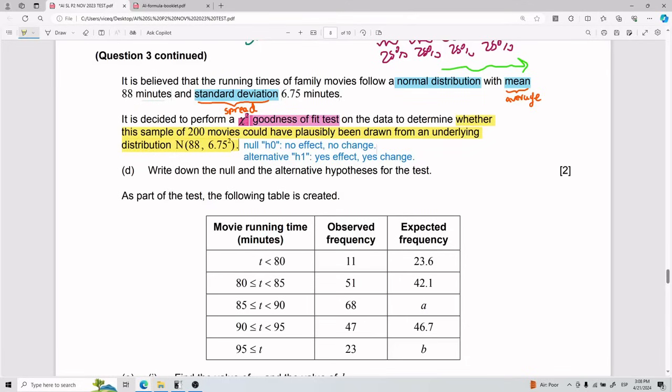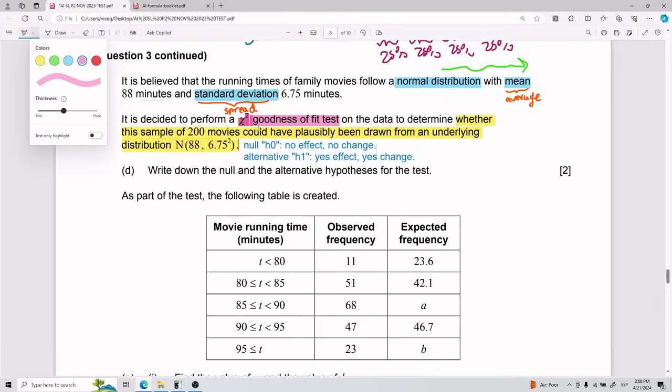And so from here, what I suggest is that you can say that H0, so no effect, no change, means that they were drawn from this. It's like they think it was drawn from this, it got drawn from this, that would be no effect, no change. So the context of the problem matters a lot. In this context, no effect or no change means that they got drawn from a normal distribution.